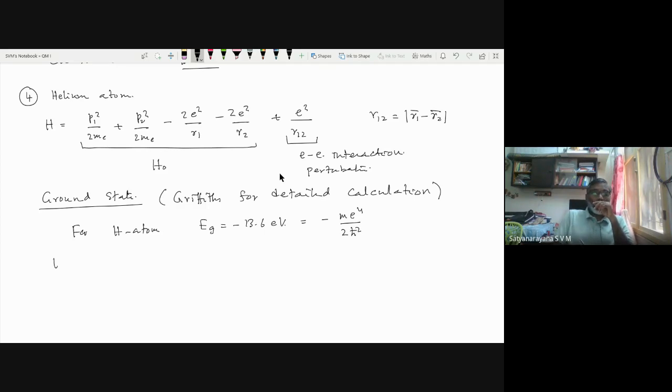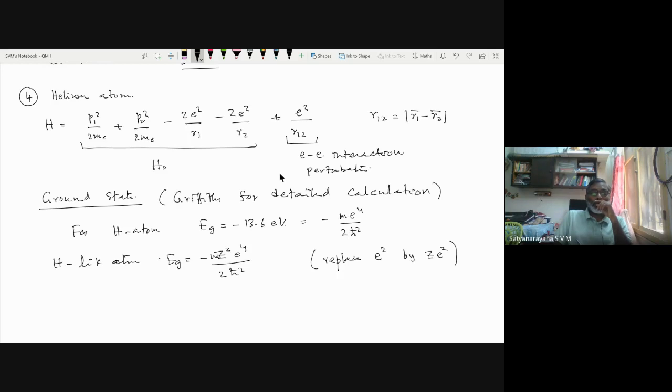Now for hydrogen-like atoms, we know that this E_g is equal to minus m Z square e to the power 4 divided by 2 h bar square, because e square has to be replaced with Ze square. Since I have e to the power 4, I have Z square out. So what will that be equal to?